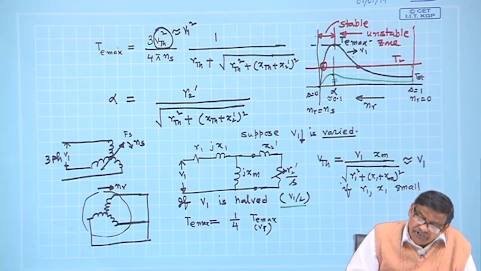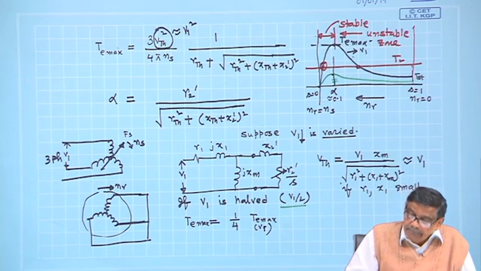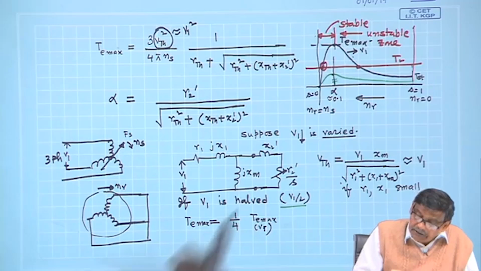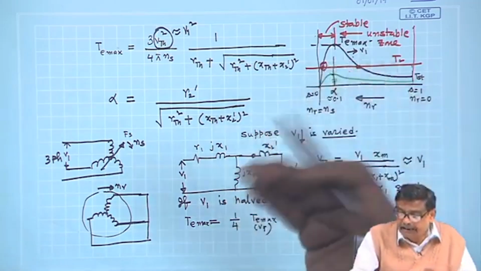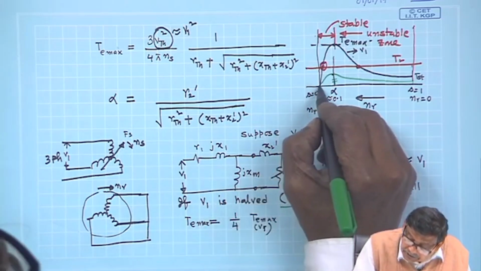So, the effect of variation of supply voltage reduces T max drastically. If the supply voltage is made half, it becomes 1/4 and so on. Therefore, this is how the torque slip characteristics will get modified for different voltage.